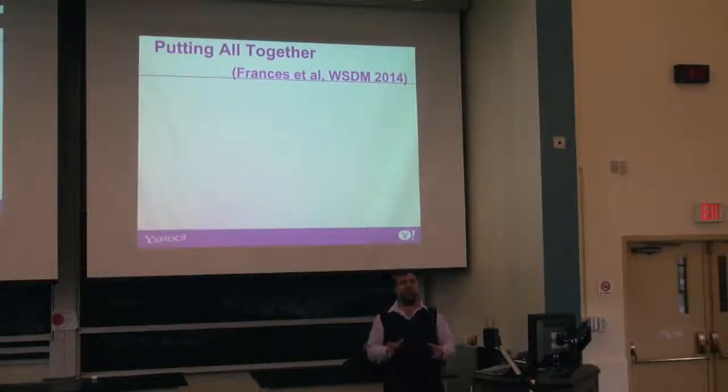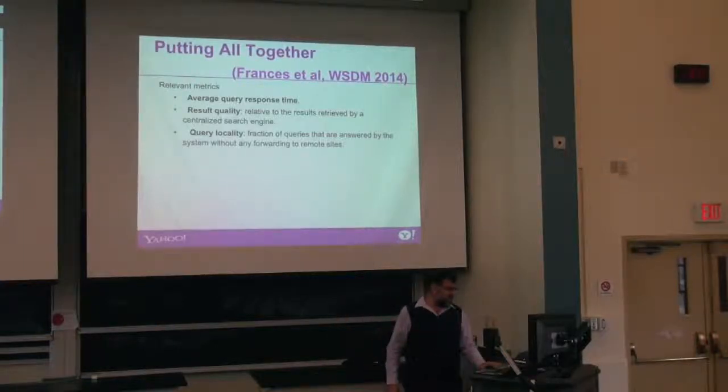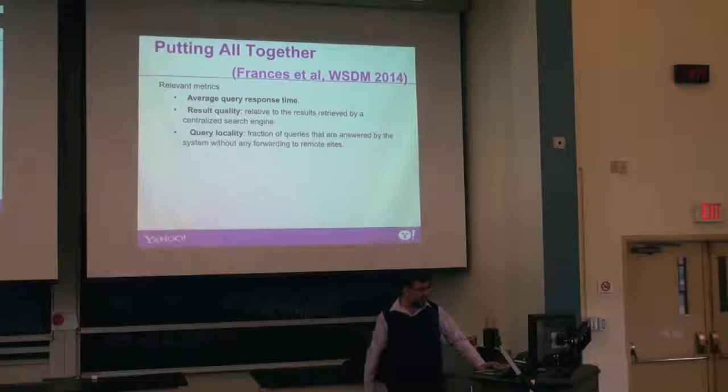And we can do that because there are not too many places. We're talking about 5, 10, not 100. So we will measure average query response time, result quality, and query locality. These are the three things. We want the same response time, the same query result quality, and as many queries as local as possible.